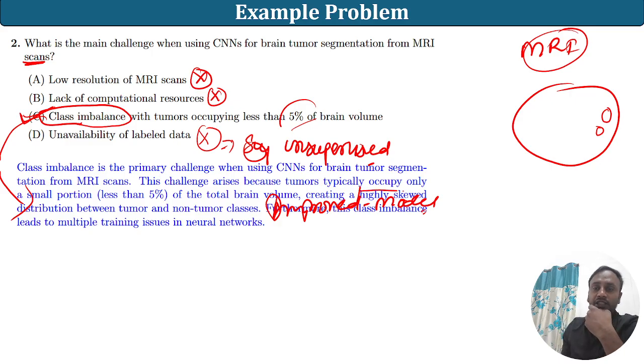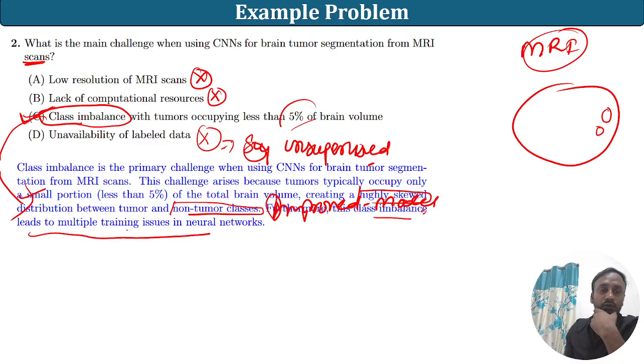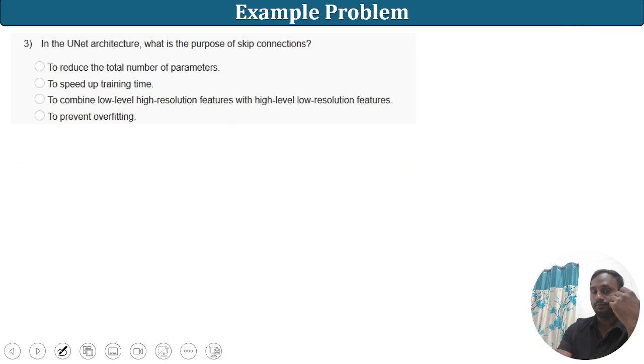It becomes a highly skewed distribution between the tumor and non-tumor classes, which leads to training issues in the neural network.